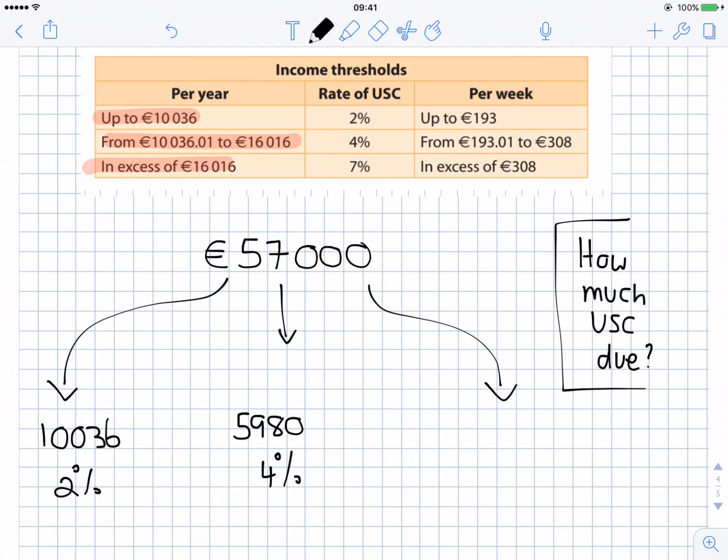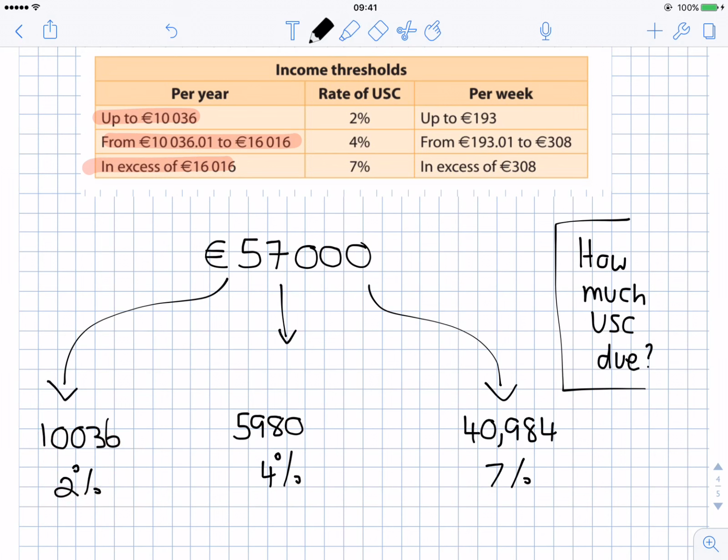So from 16,000 up to 57,000, how much is that? That's 40,984. Okay, so that's going to be charged at 7%. So that's how her USC is working. Everything up to 10,000, she pays 2%. Everything between 10 and 16, she pays 4%. And everything above the 16,016, she pays 7%.